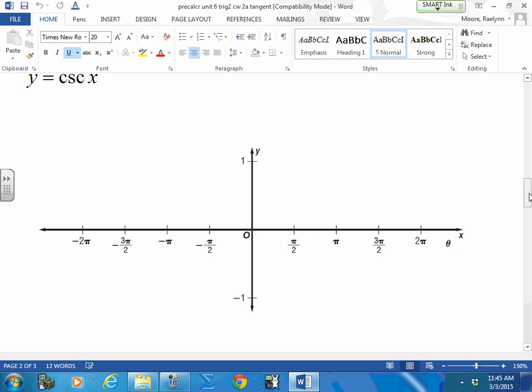So cosecant is the reciprocal of which one? Sine. So whatever other attributes are here, I'm going to use the same thing. I'm just going to graph my sine curve. Here, here, here, here, here. So I want you to see a pattern here.